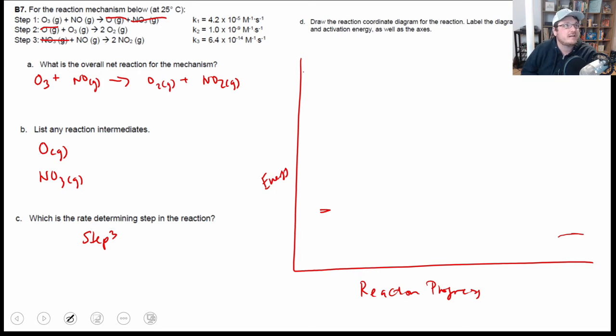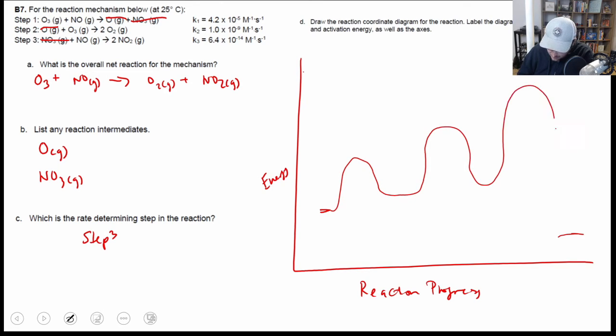So out of all of those, K1 has the largest K value. Even though it's times 10 to the negative 5, it's still the largest, because after that it's times 10 to the negative 9 and then times 10 to the negative 14. So essentially what you're going to get is something that looks like this.